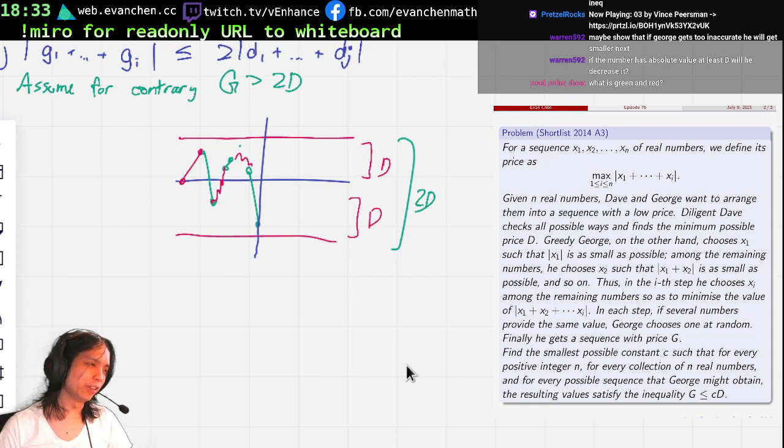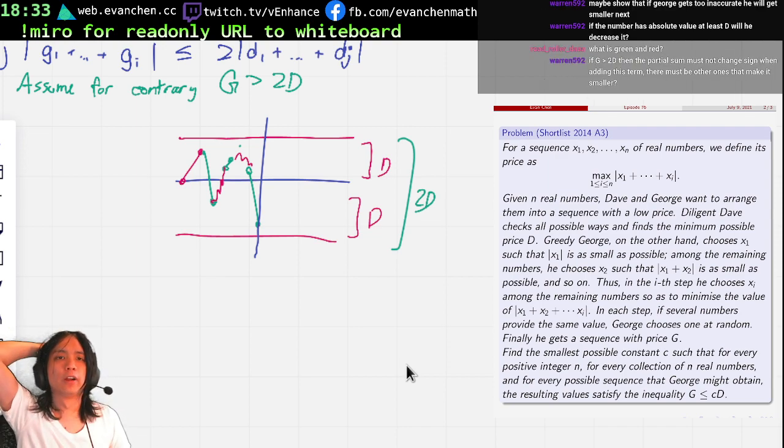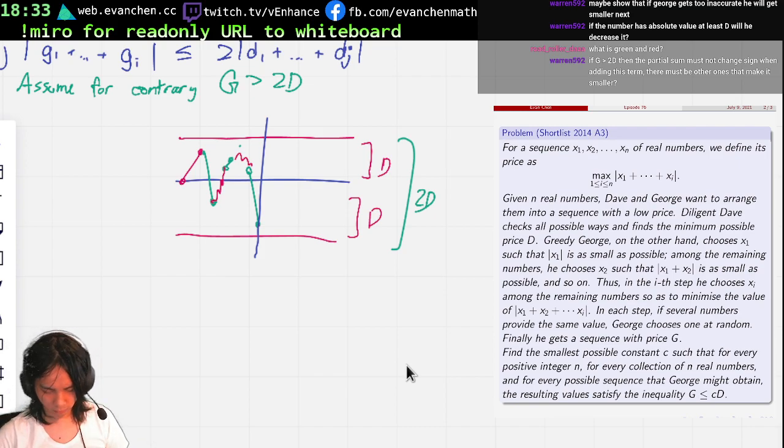Green, I was using green as the things in George's sequence at the first time where the sequence breaks to D. But this is not a great picture actually, because I don't know what order the green things come in.